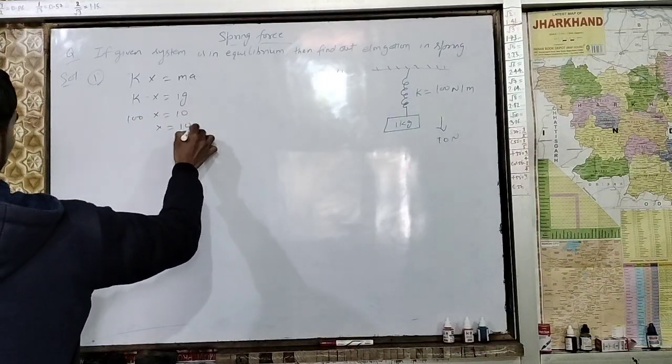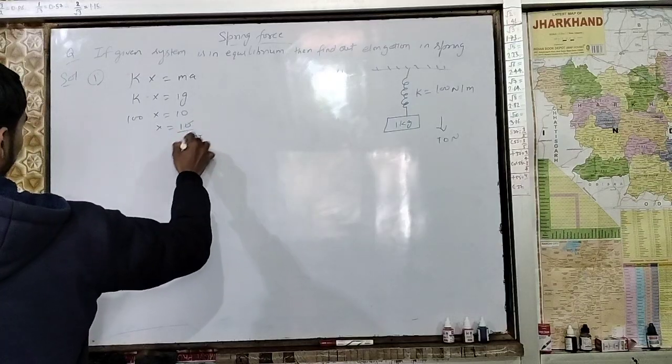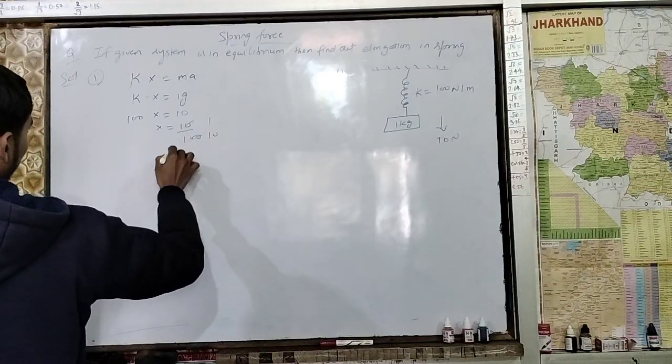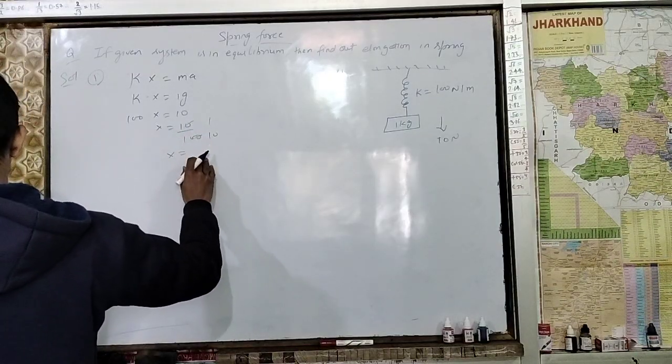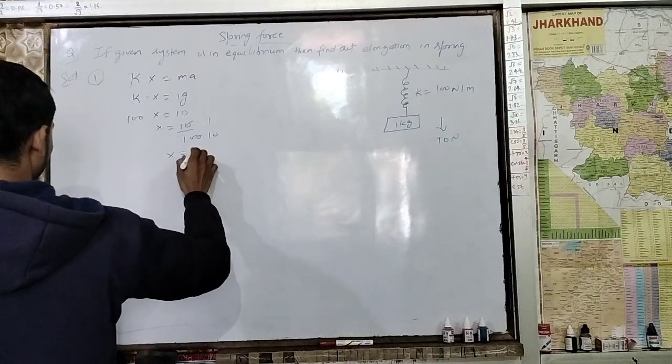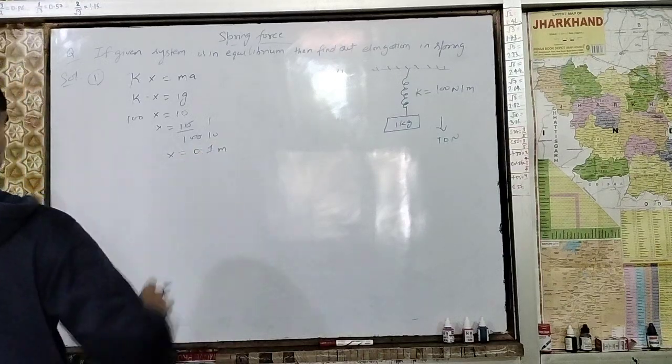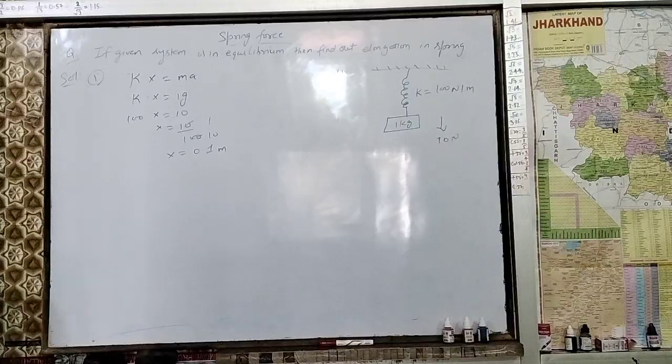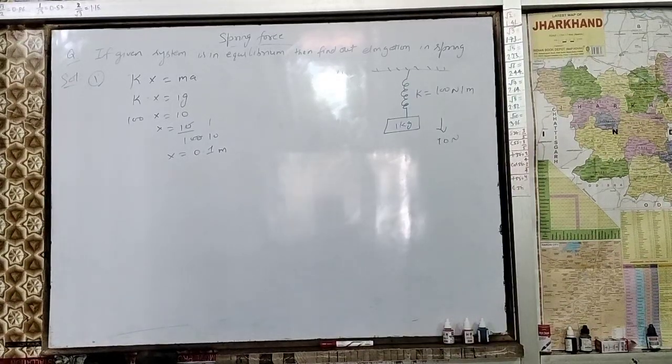So our x will be 10 upon 100, or you can say 0.1 meter. The displacement is 0.1 meter, where the force constant was 100 Newton per meter.